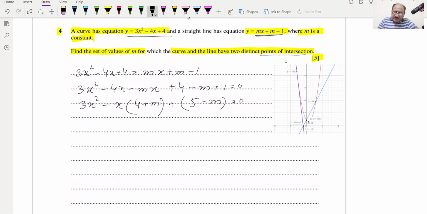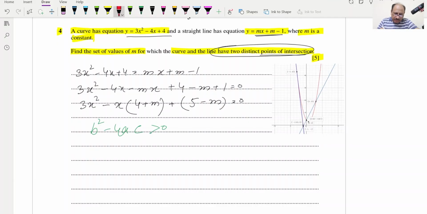For two distinct solutions, for two distinct points of intersection, we take the discriminant b² − 4ac greater than 0.